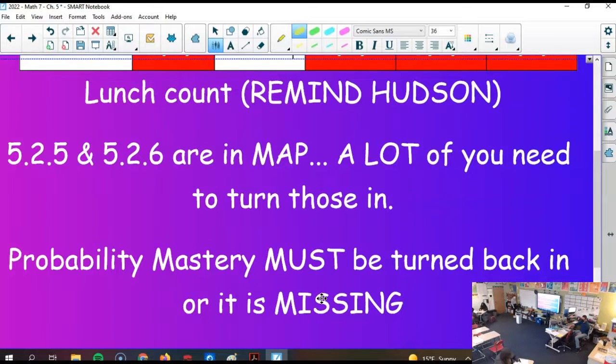So take a moment, check your binder. Then we're going to go over the mastery. Check your binder, 525, 526. I don't see many people checking binders or turning stuff in. I see people just sitting and not caring.